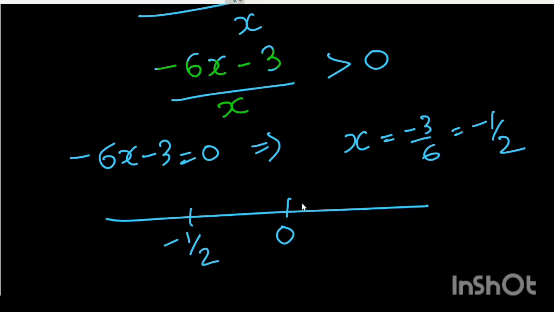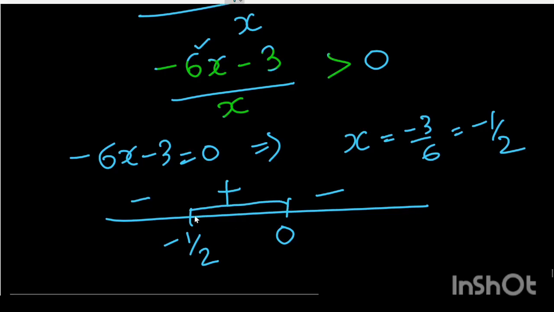Now the rightmost interval, we will start with which sign? Since here it is negative coefficient of x, we will start with negative sign. Then again we will change the sign to plus, and then again minus sign, guys. Now the question is asking for plus sign, so we will take this plus.